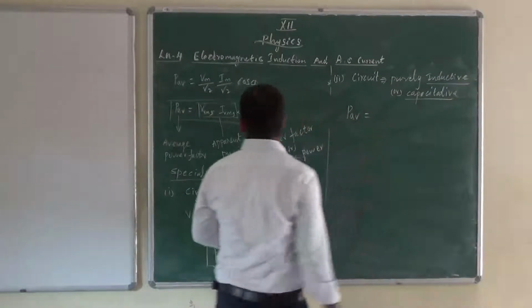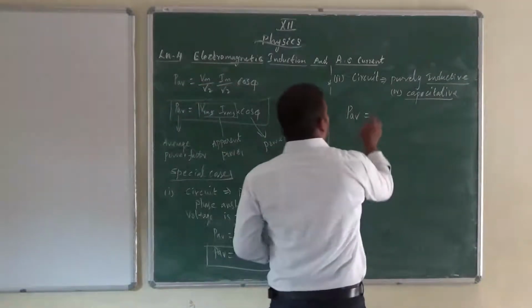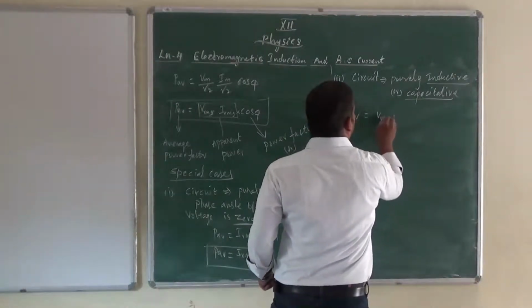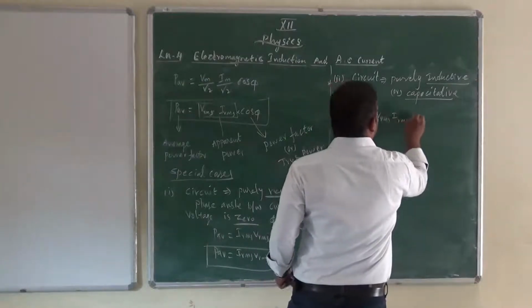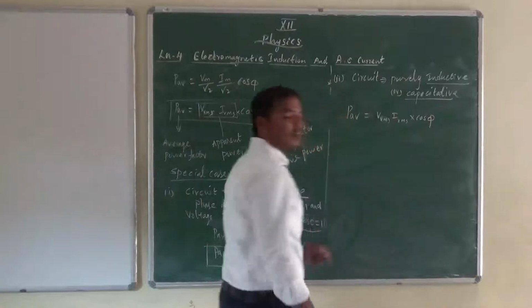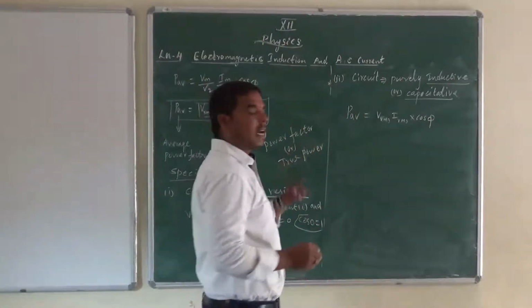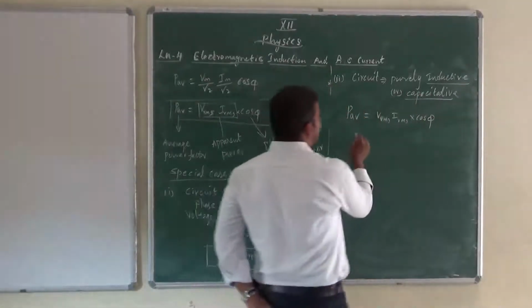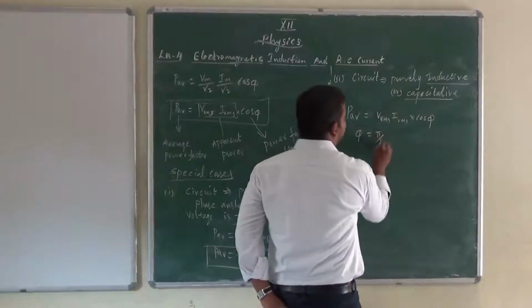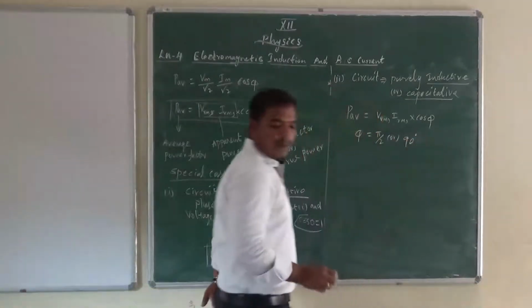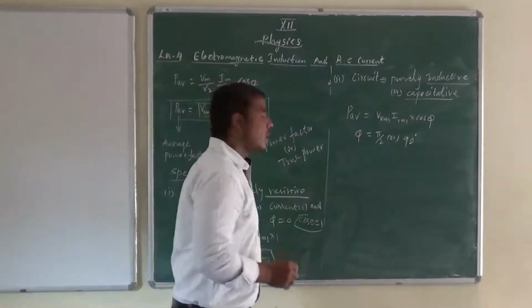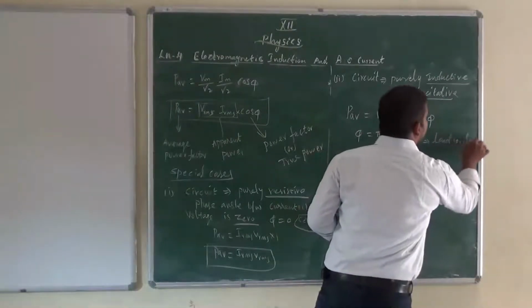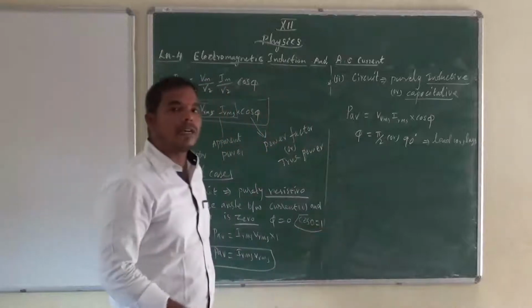The average power equation is VRMS IRMS cos phi, where phi is the phase angle between current and voltage. For an inductor or capacitor, phi is pi by 2, or 90 degrees. The current may lead or lag; we discussed how it leads and how it lags.